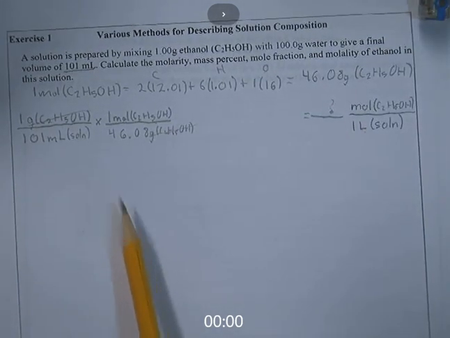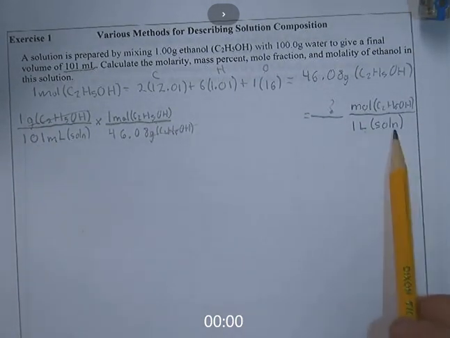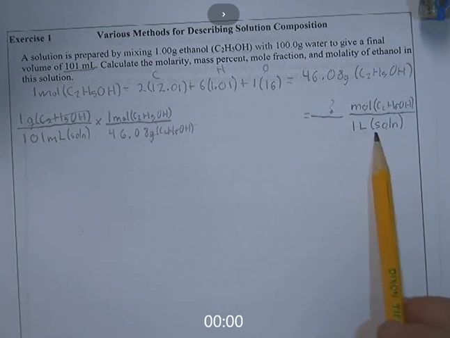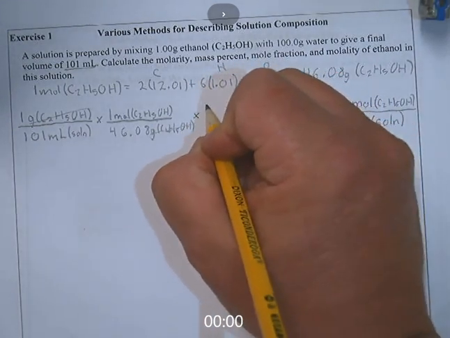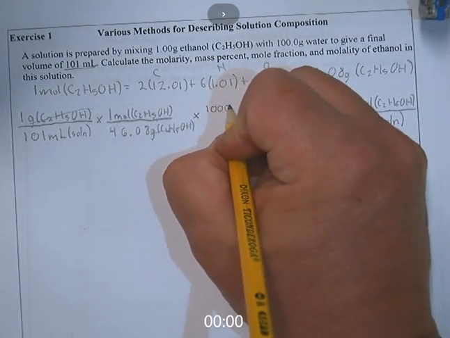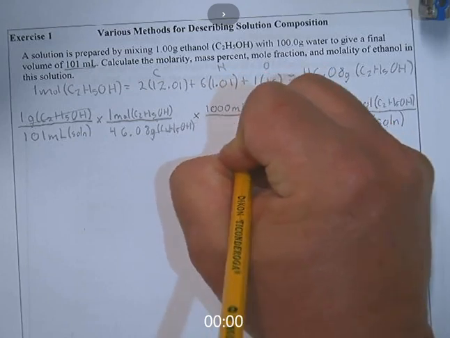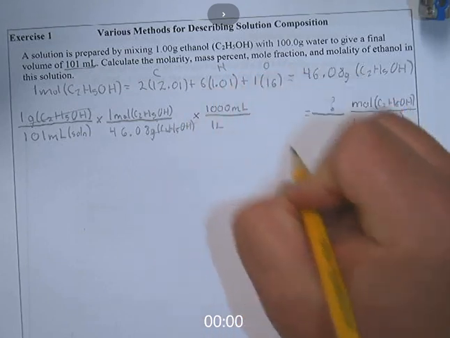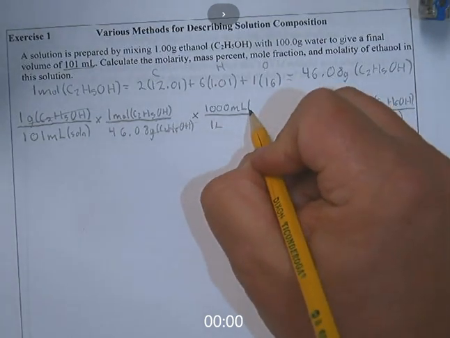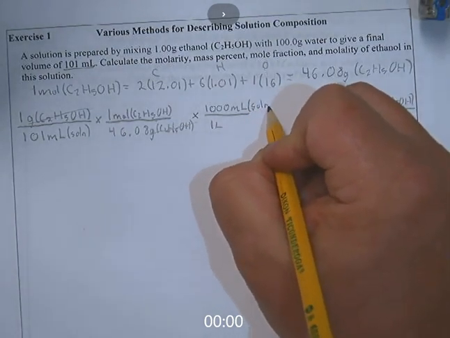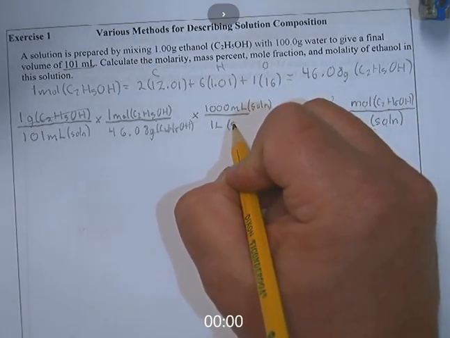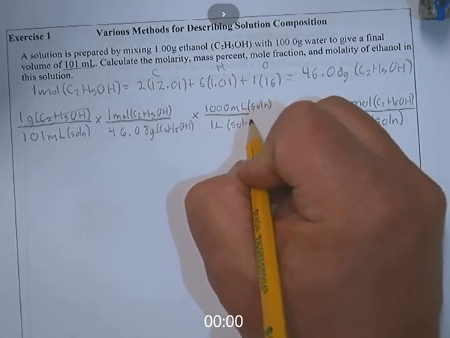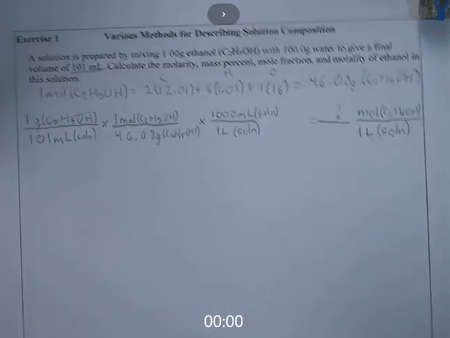Now we have to deal with the bottom part. We have milliliters, but we need to convert that into liters. Milliliters of solution, we need liters. So we need the common conversion, 1,000 milliliters for every 1 liter, which you should just memorize. That's milliliters of solution, though this relationship is true of milliliters to liters of anything, but we're interested in solution, so we write that to complete our units of measure.